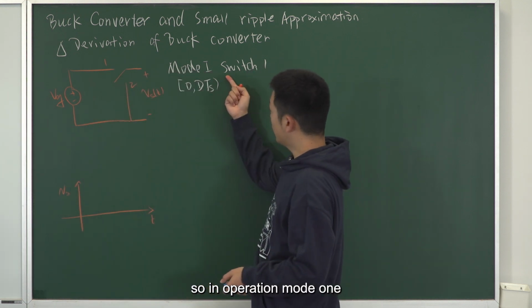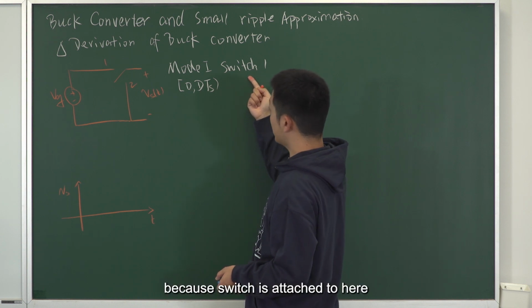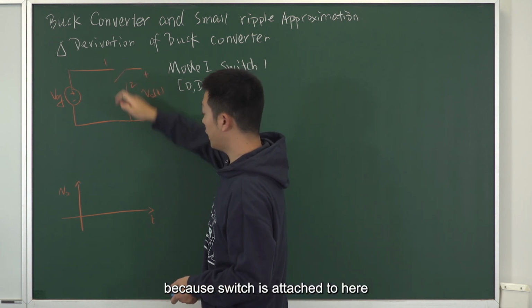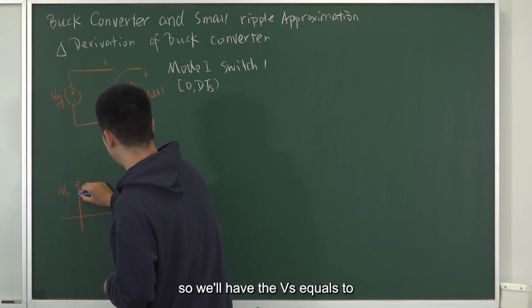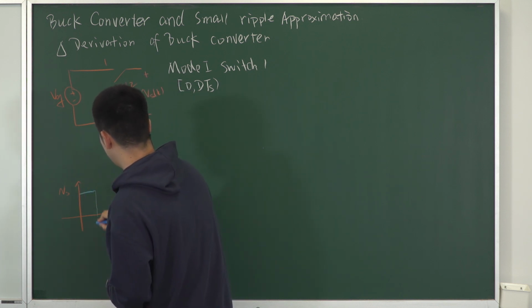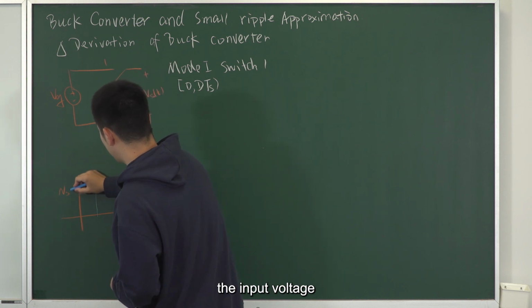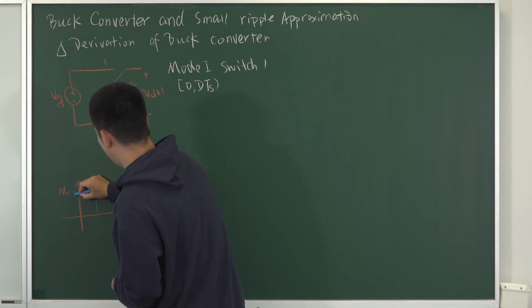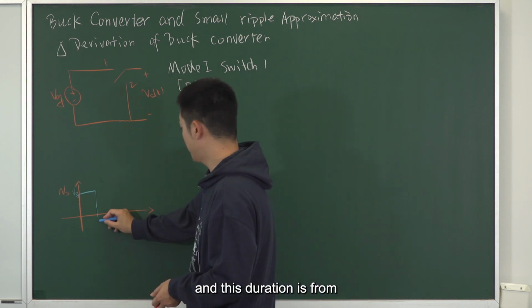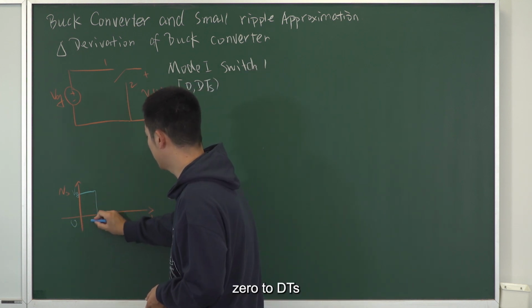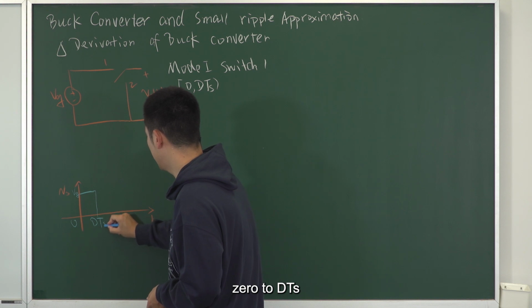In operation mode 1, because the switch is attached to here, we will have Vs equal to the input voltage. And this duration is from 0 to DTs.